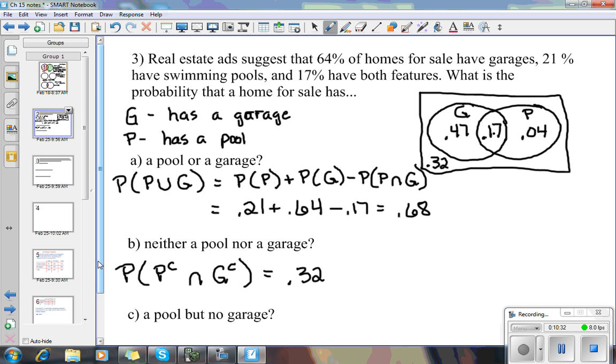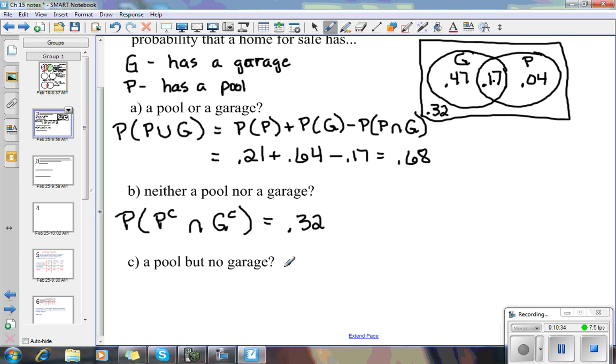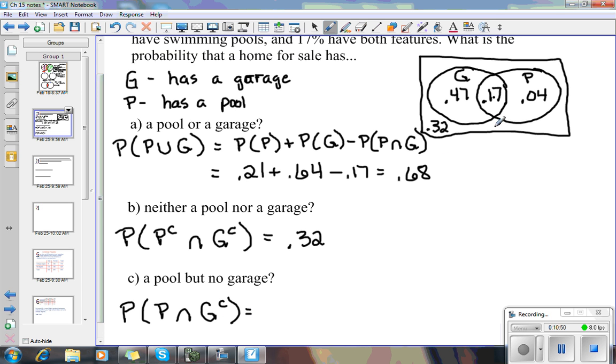The next part is a pool but no garage. So that means we do have a pool and we don't have a garage. So a notation for that could be you have a pool and you don't have a garage. So that would be the correct notation. Using our picture, you have a pool, so that means you're in this circle.